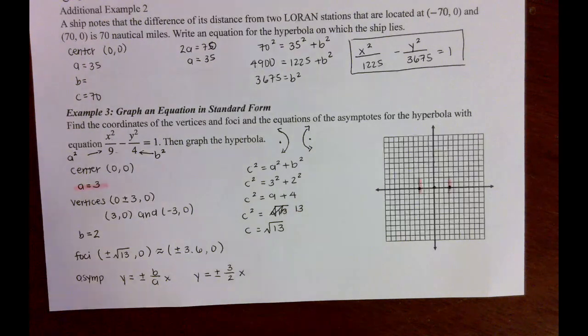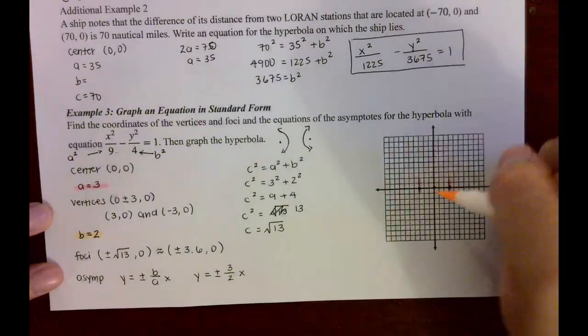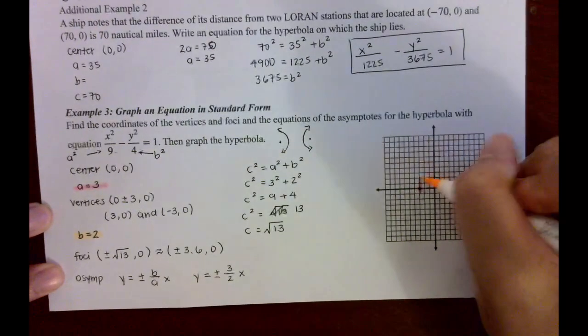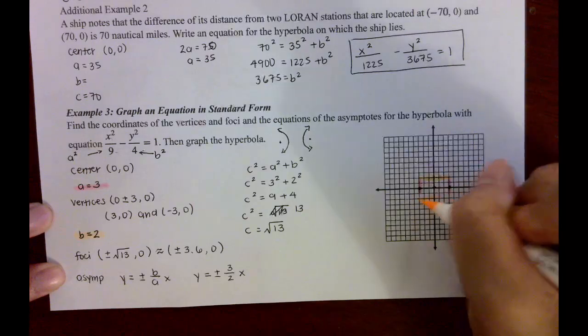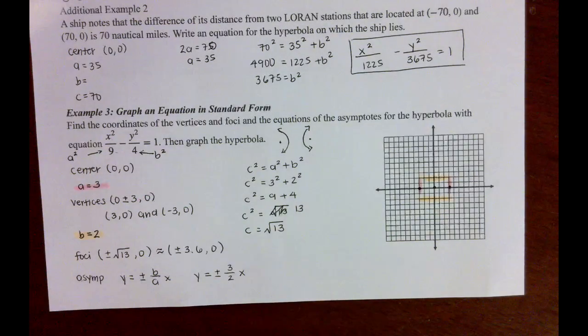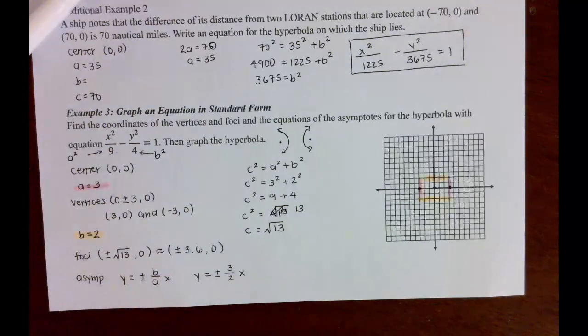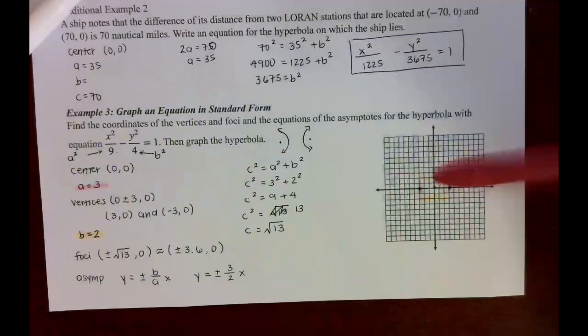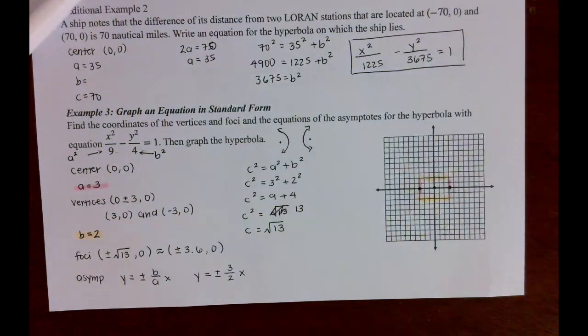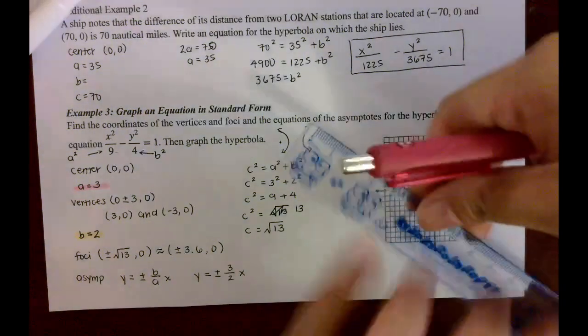Then b equals 2, so I'm going to go up 2 from here and down 2 from here. Then I'm going to go from corner to corner and corner to corner to get my asymptotes. And then you'll see why it becomes that b over a.